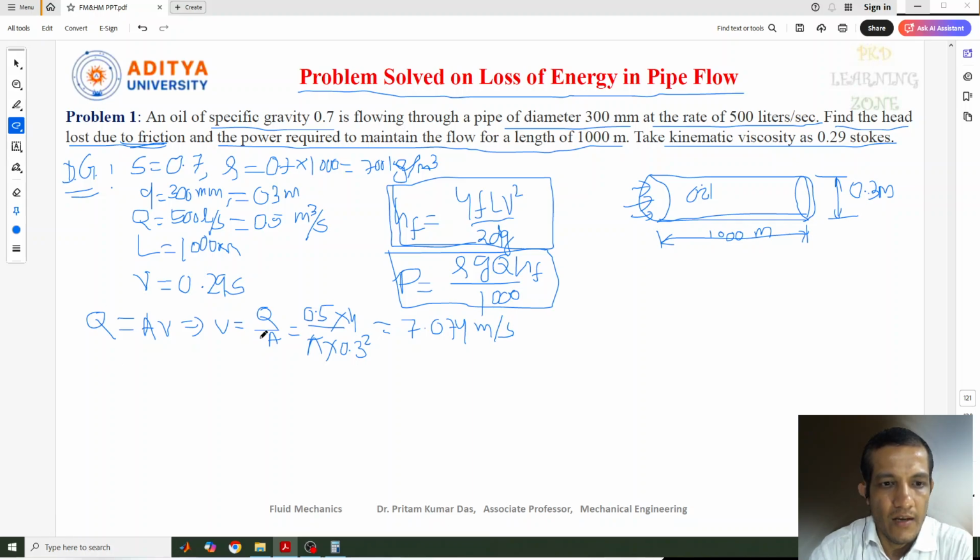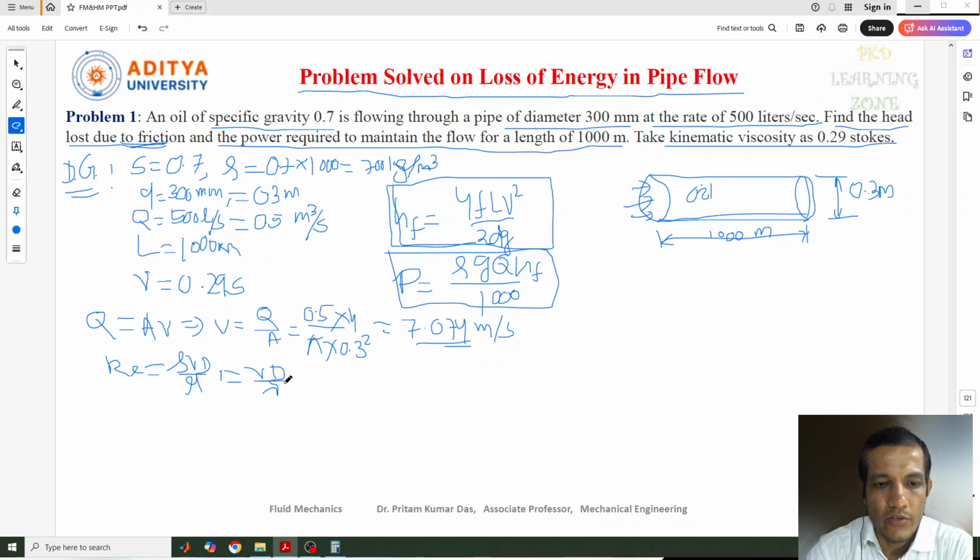This is the velocity. Okay, now to find this f, we first have to identify the Reynolds number, because based on the Reynolds number only the friction factor will be calculated. So let's find out the Re value. We know the formula, Reynolds number equal to rho V d by mu, but here the mu value is not given, while the rho value is known. So else we can write this as V d by nu.